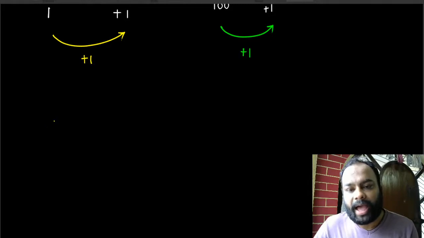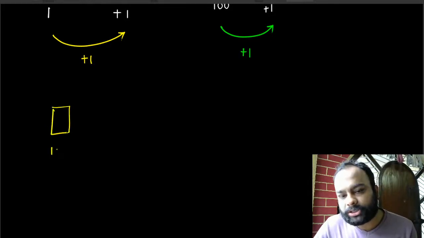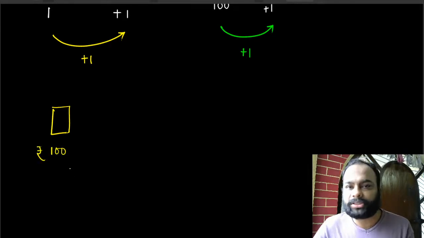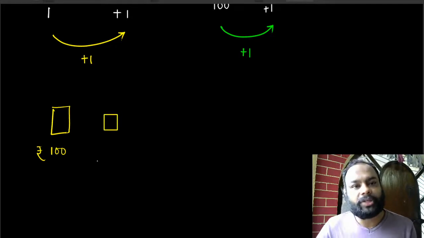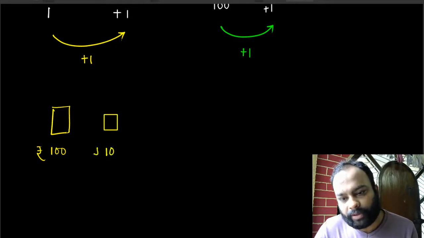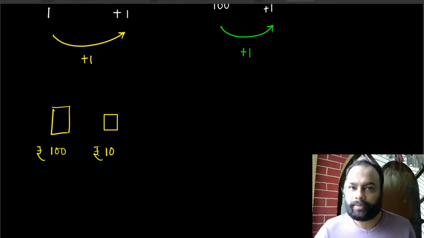There is one item which usually costs 100 rupees, and there is some other item that costs 10 rupees. So this item has a marked price of 100 rupees and this item has a marked price of 10 rupees. Got it?